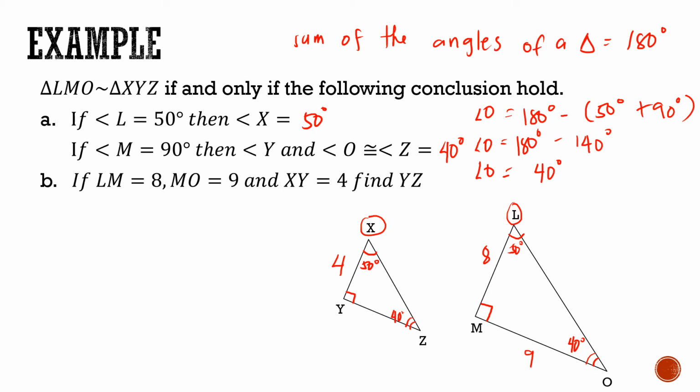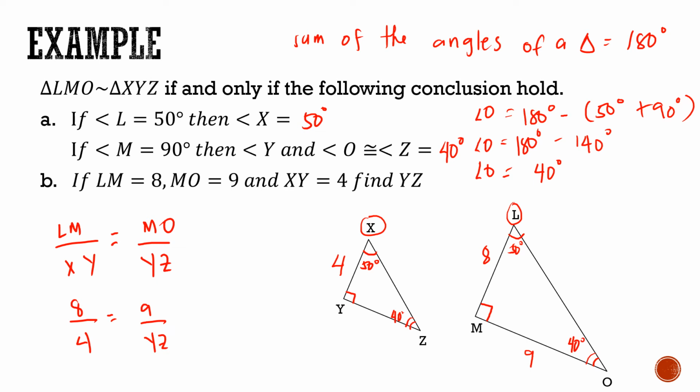We know that LM over XY is equal to MO over YZ. So let's substitute the given values. LM is 8 over XY is 4 is equal to MO is 9 over YZ.